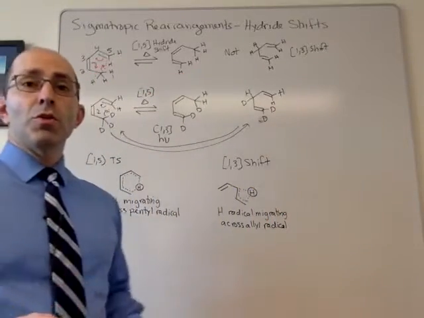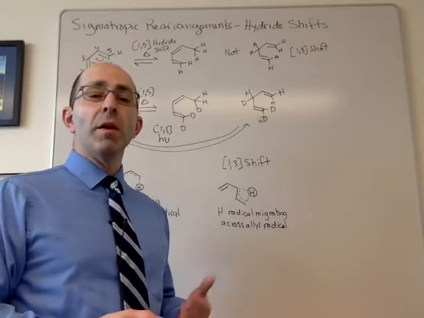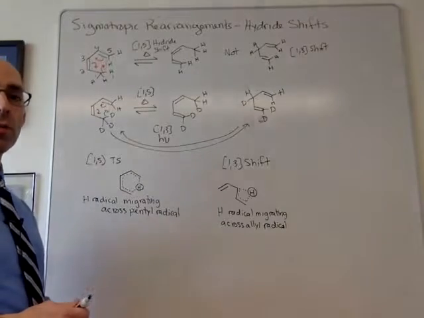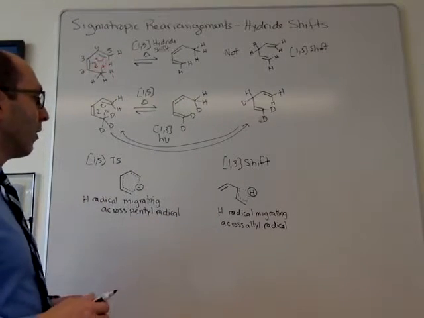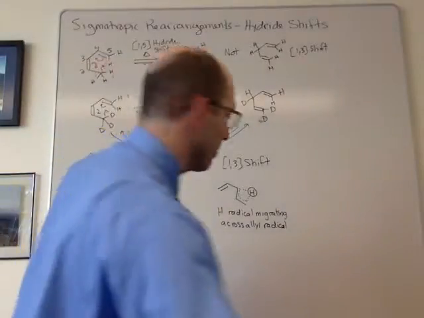So for us to draw out what's happening, we have to draw out the molecular orbital picture for a pentyl system and for an allyl system, right? And so while I erase this, that'll give you time to draw out what those 5 and 3 atom pi systems look like.